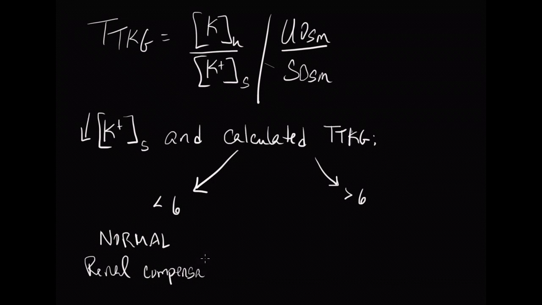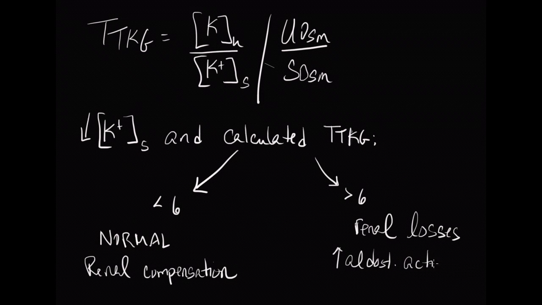And of course the opposite is also true. If you have low serum potassium but your TTKG is high, you have renal losses. And you now need to focus your attention on what's happening in the kidney to cause potassium to be lost. For example, since we use the TTKG primarily to help us with aldosterone secretion, do we have elevated aldosterone activity? That's one possibility.